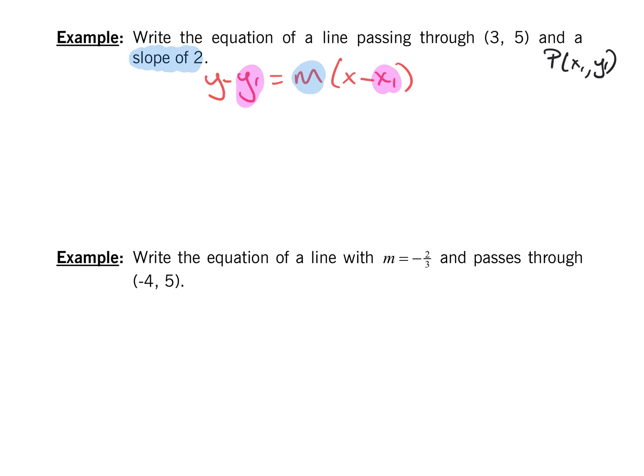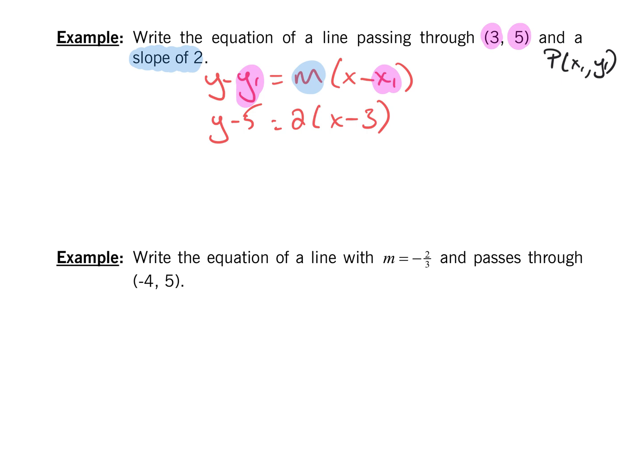So that single point is going to be our x1 and our y1. So this is our x1, and the 5 would be our y1. So everything that's highlighted will just be substituted into this equation. So it becomes y minus 5 equals 2 bracket x minus 3.